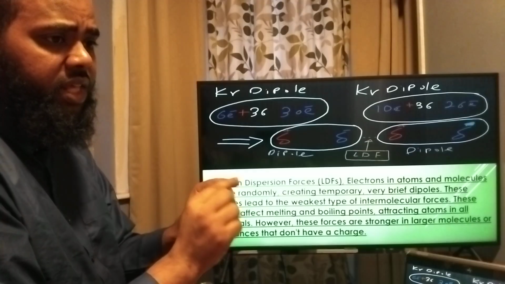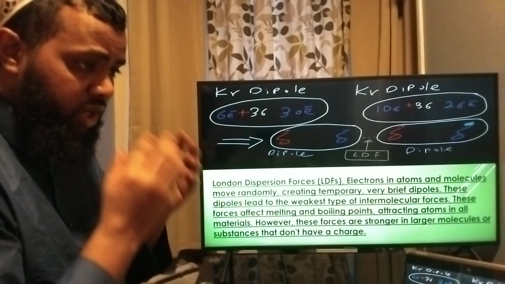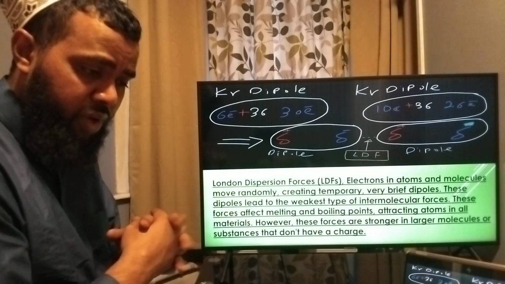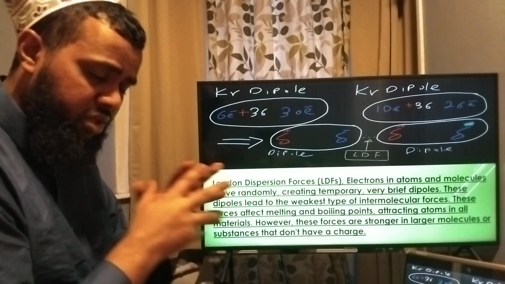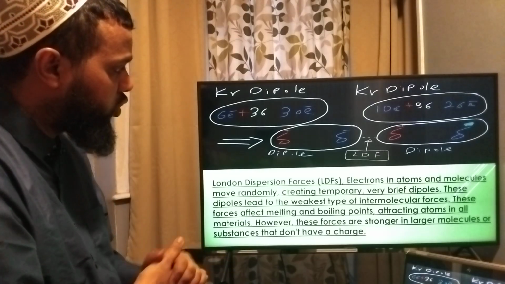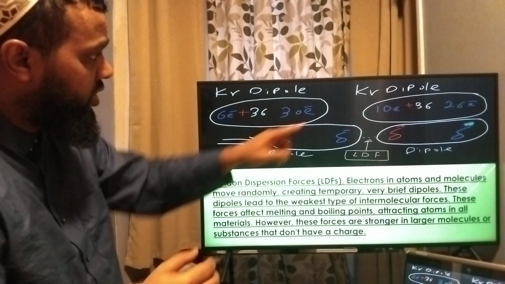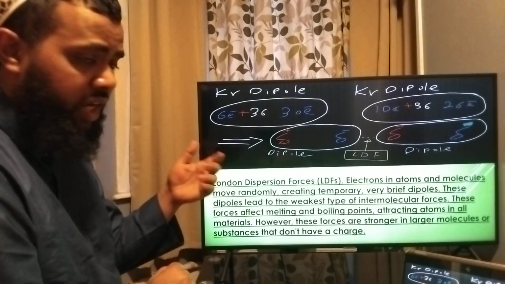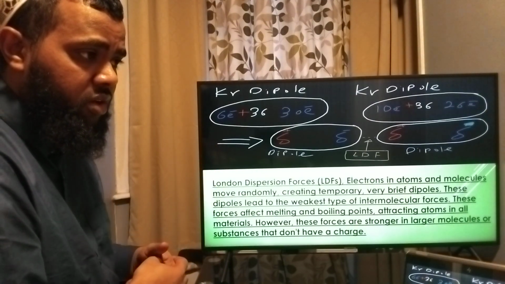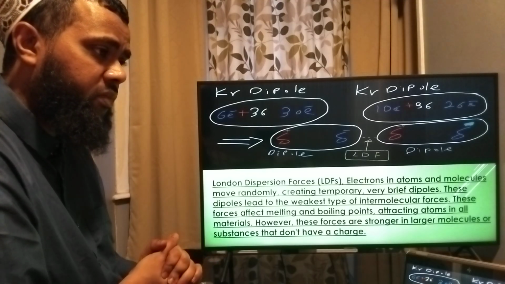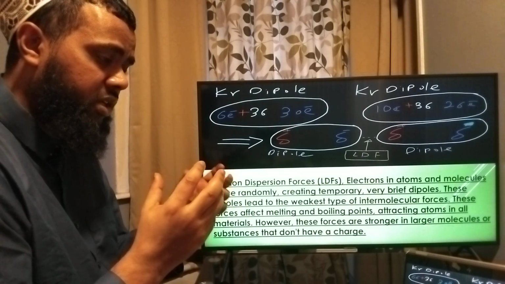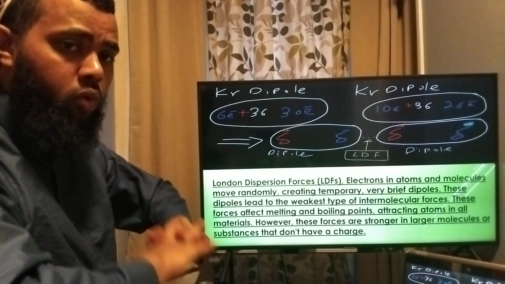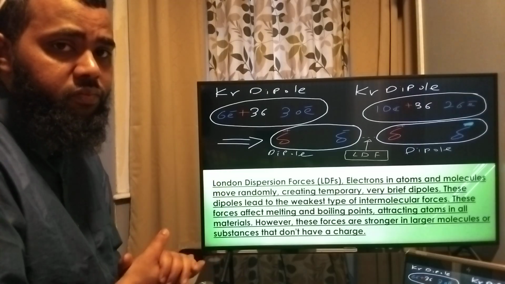These forces are very weak, and that reflects the properties of the substances. For example, because of the weakness of these forces, HCl, hydrogen chloride, as a liquid has a very low boiling point.